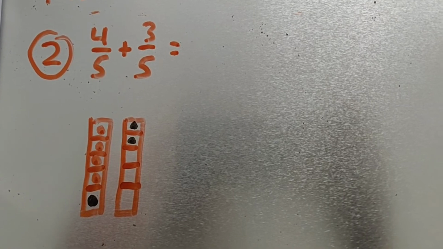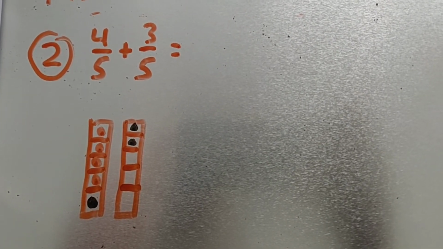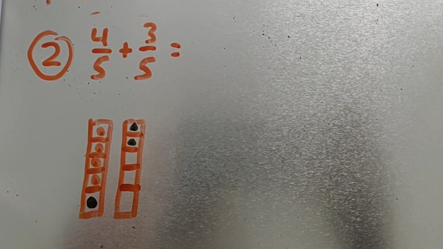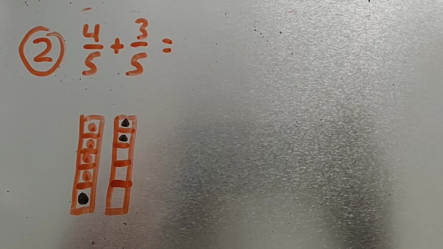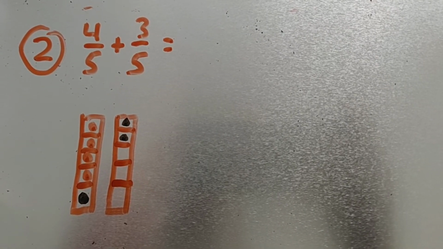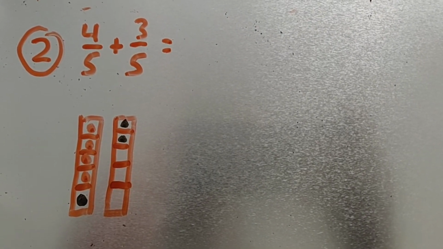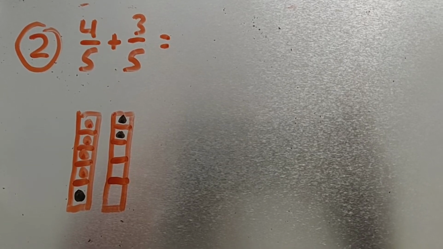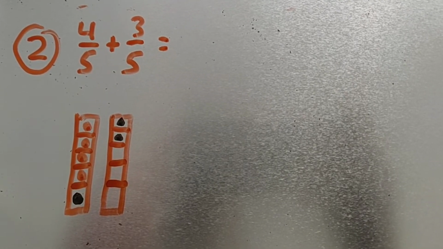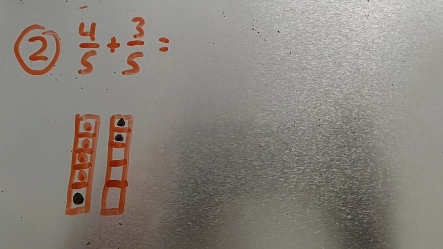Okay, problem number 2, 4/5 plus 3/5. You can see from the denominator, we're going to draw wholes broken into 5 equal parts. When I model the 4/5 there on the left, we could fit it in one model, but we need to join together or add another 3/5. So notice the dots in the black.